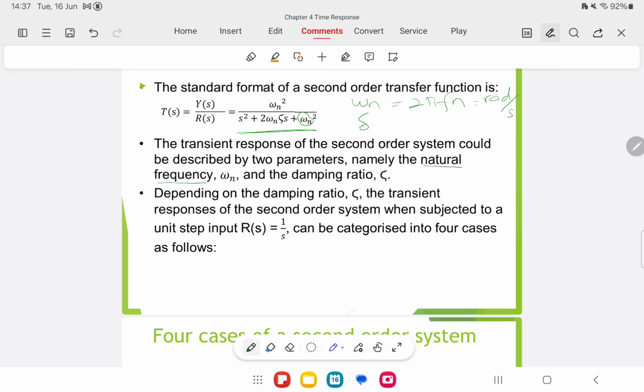And then damping ratio. The other one is the damping ratio, the symbol looks a bit like a worm. And there is no unit for damping ratio. Why? It is a ratio, so that is why there is no unit.